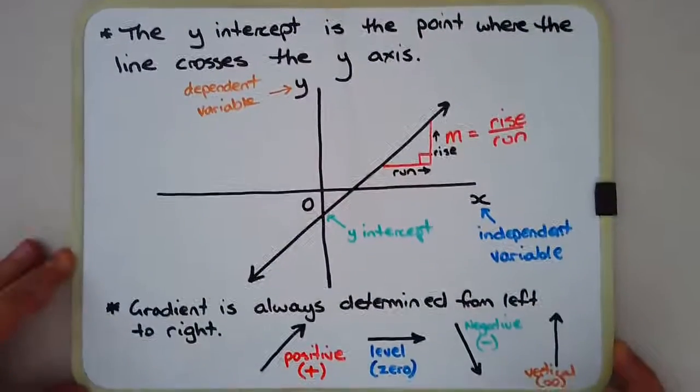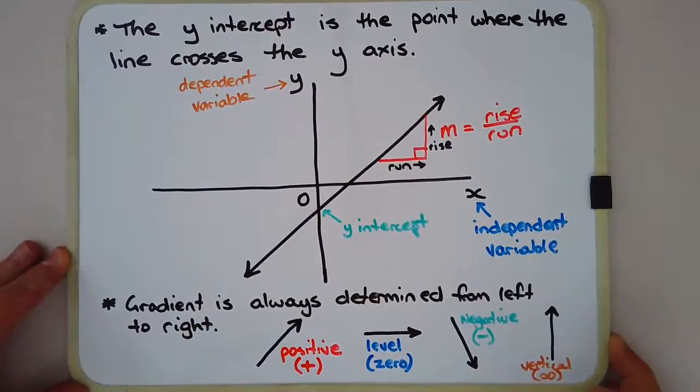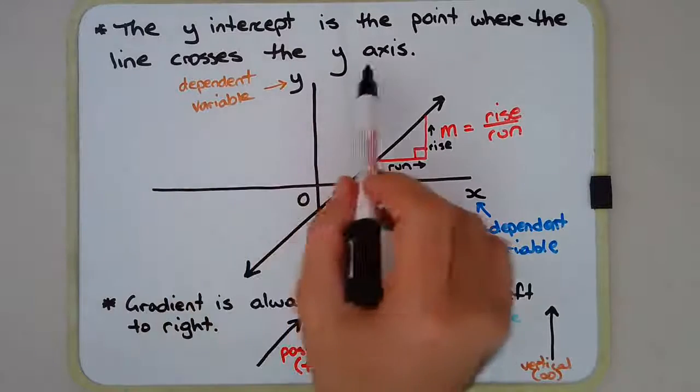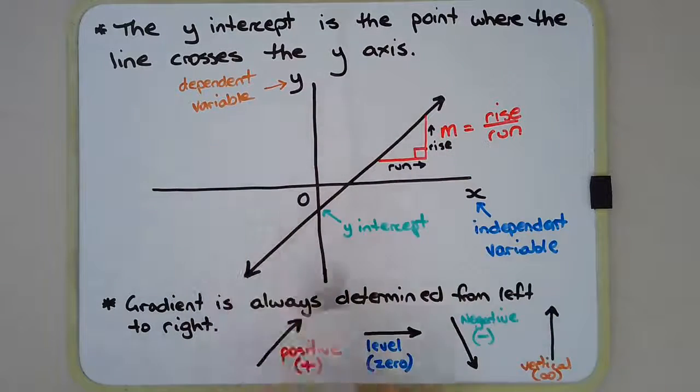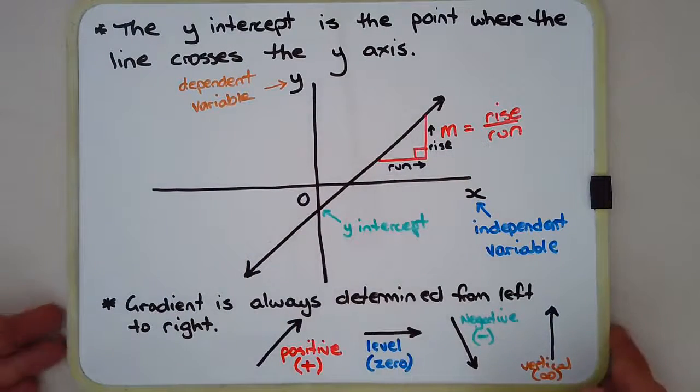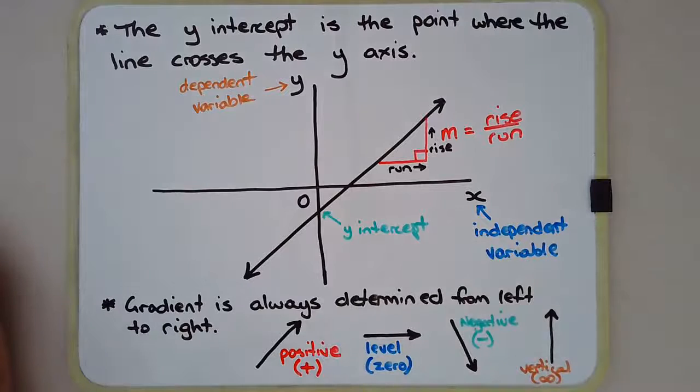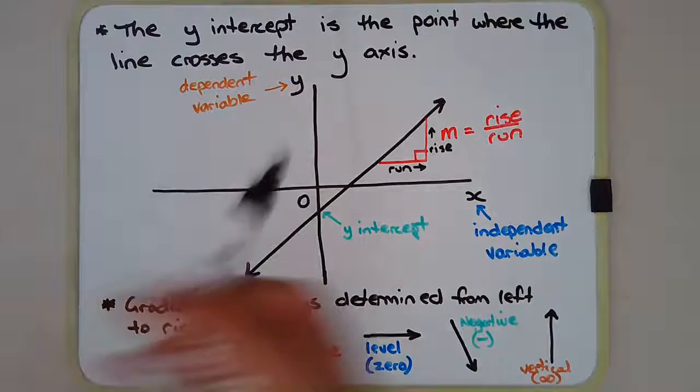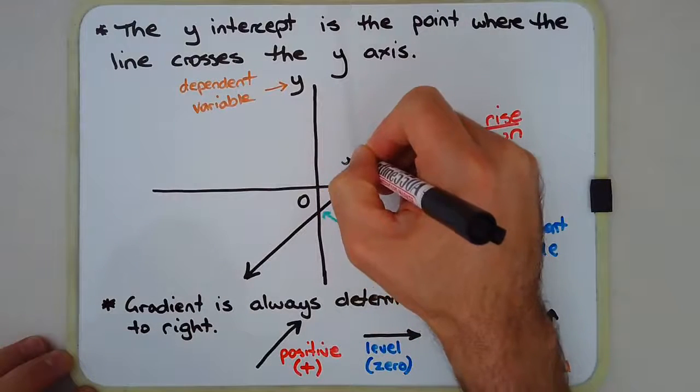Just moving on. The y-intercept is the point where the line crosses the y-axis. I've drawn a picture version of the equation y = mx + c. So this is the equation, and this is the line.